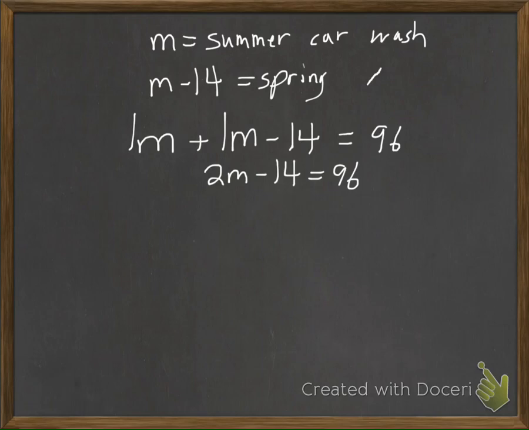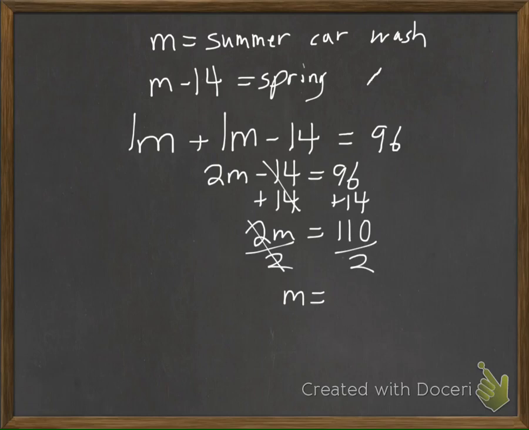So from there, what do I need to do? Add 14. So then I get 2M, and 96 plus 14 is 110. Divide by 2 on both sides. M equals 55. Is that the answer to the question? Because the question says, how many cars did they wash during the spring? And M is the summer, right? M is the summer car wash.